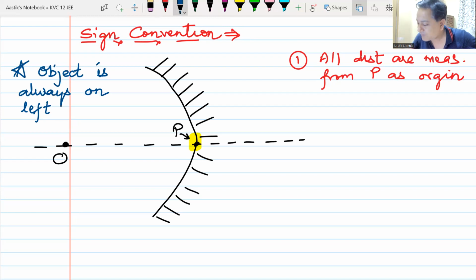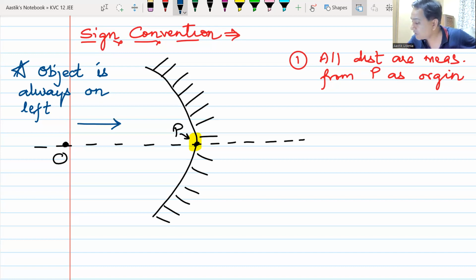This is how questions are framed. I've hardly seen any question in which the object was kept on the right side. Normally the object is placed on the left hand side. Now when the object is placed on the left hand side, this is how light travels.